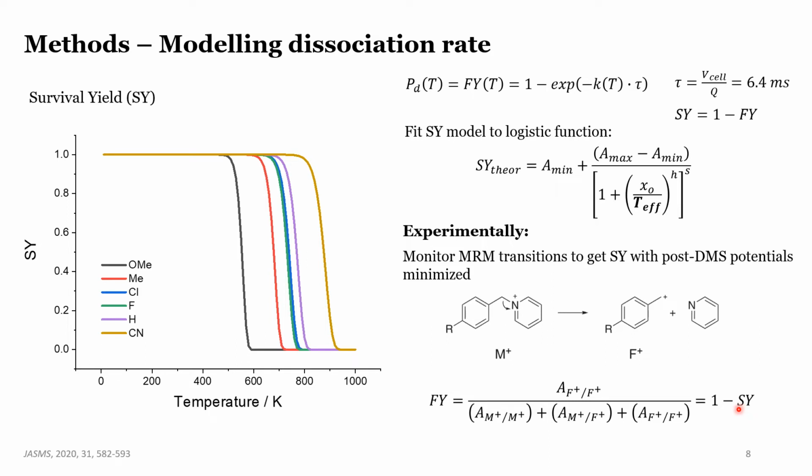Ion temperature at a specific separation voltage is determined by substituting the experimental survival yields into the logistic fit function and rearranging to solve for effective temperature. It should be noted that all post-DMS potentials are minimized or set to 0 to ensure that ion activation and dissociation is occurring solely in the DMS cell and not in the mass spectrometer.